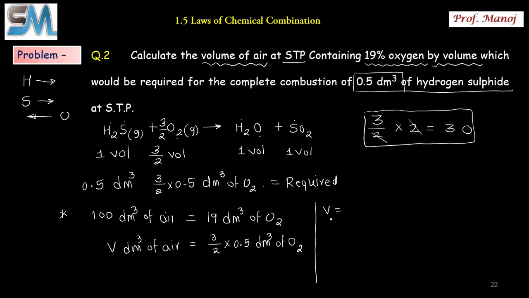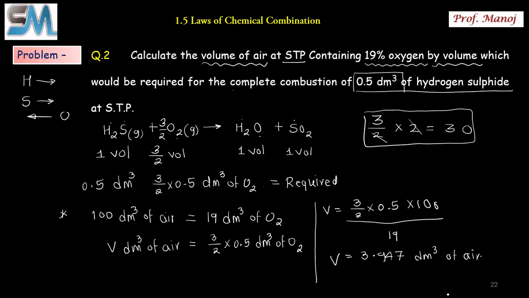So now if you cross multiply this is going to be 3/2 into 0.5 into 100 divided by 19. This answer after calculation comes out to be 3.947 dm³ of air. This is the amount of air we need to have so that we get sufficient oxygen out of it.